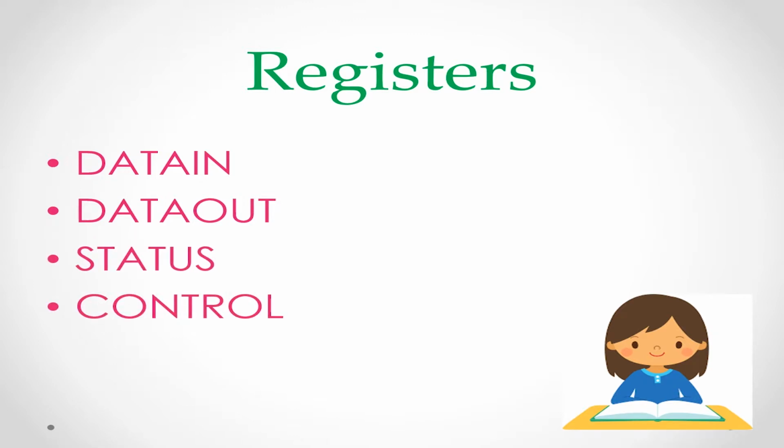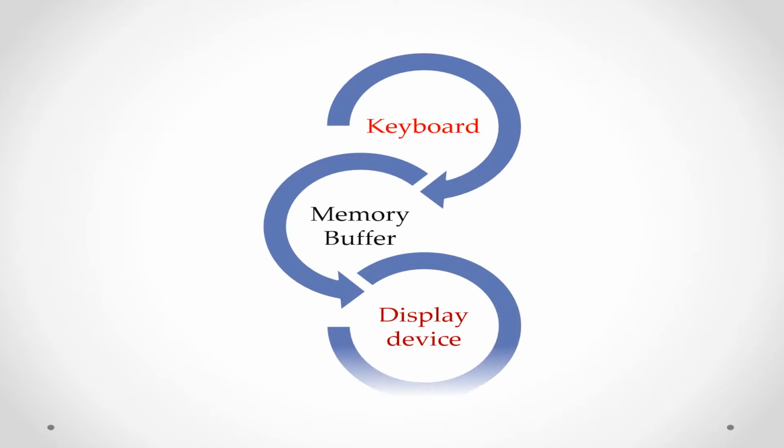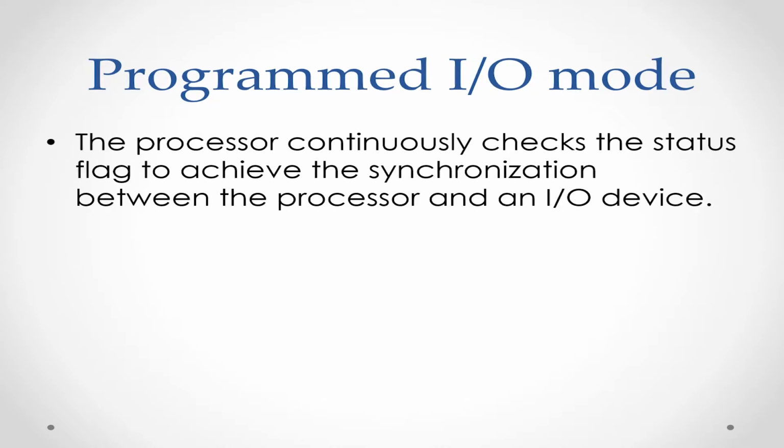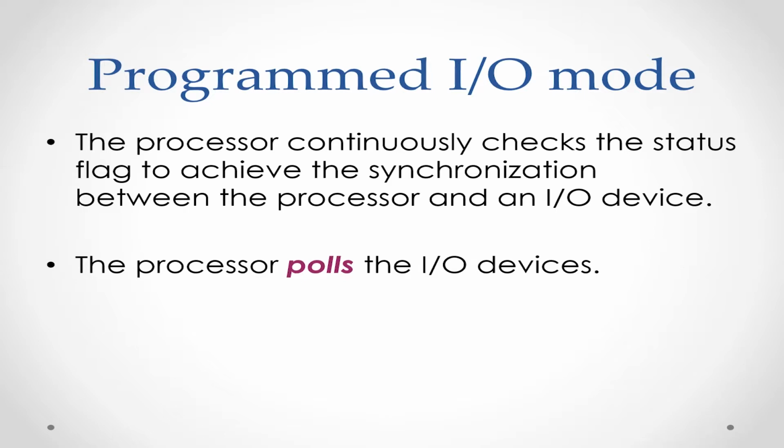A program that reads one line from the keyboard stores that word in the memory buffer and also displays that word on the display. This example explains the programmed input-output mode in which the processor continuously checks the status flag to achieve the synchronization between the processor and an input-output device.